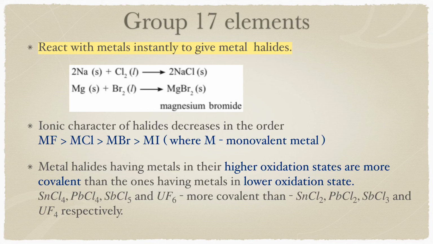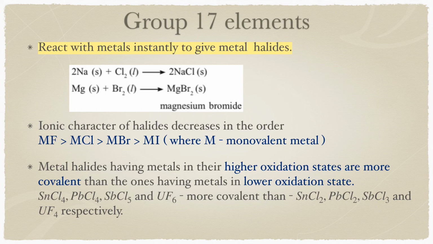Last one, metal halides having metals in their higher oxidation states are more covalent than the ones having metals in the lower oxidation state. That means SnCl4 will be more covalent than SnCl2. For SnCl4 the oxidation state of tin is plus 4, and for SnCl2 the oxidation state of tin is plus 2.